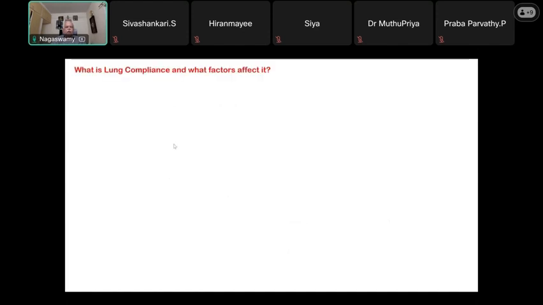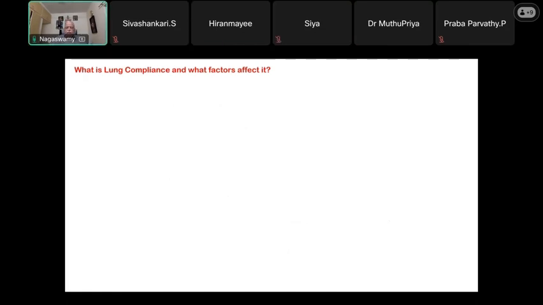So what is lung compliance and what factors affect it? Those are the things you have to remember from an examination point of view with FRC, and also for practical application. What is the definition of lung compliance? Change in volume per unit change in pressure. Fantastic.